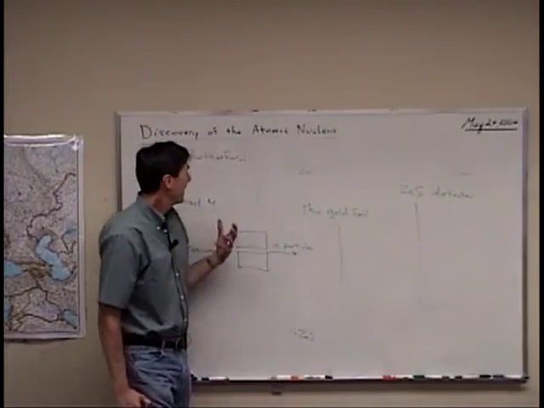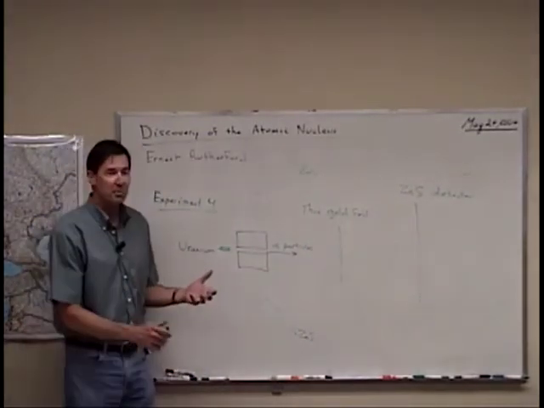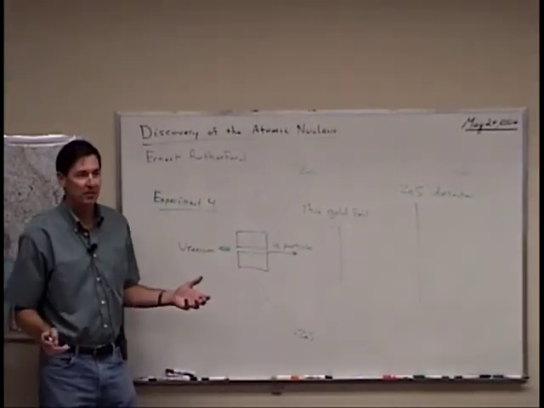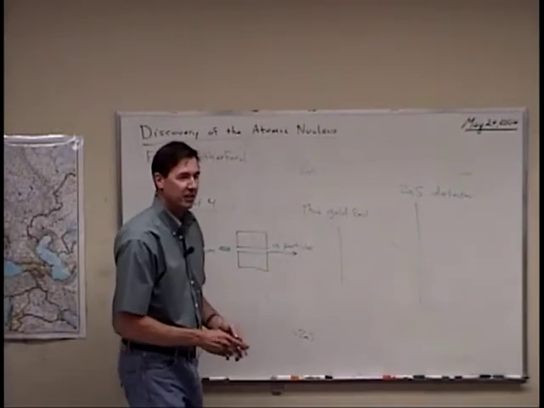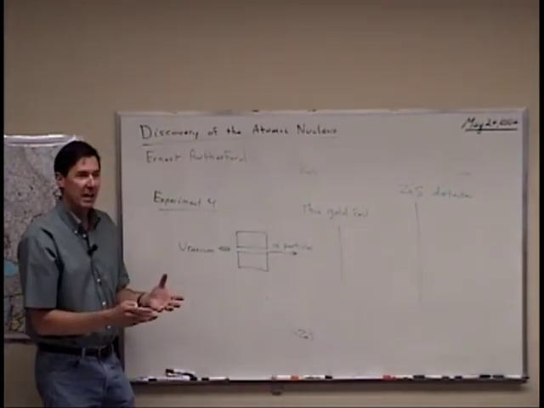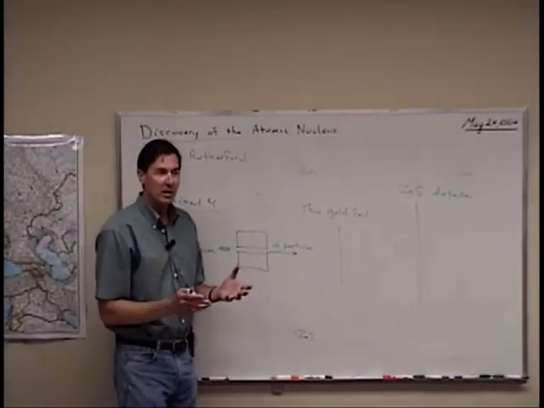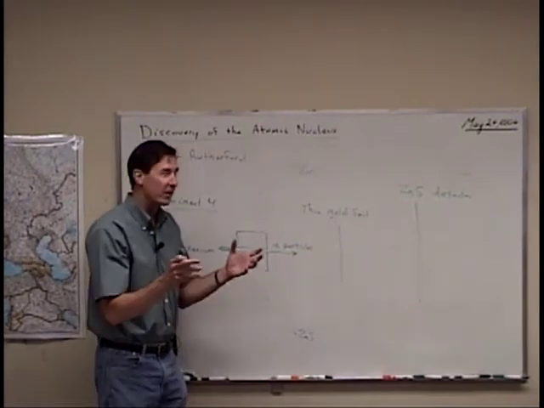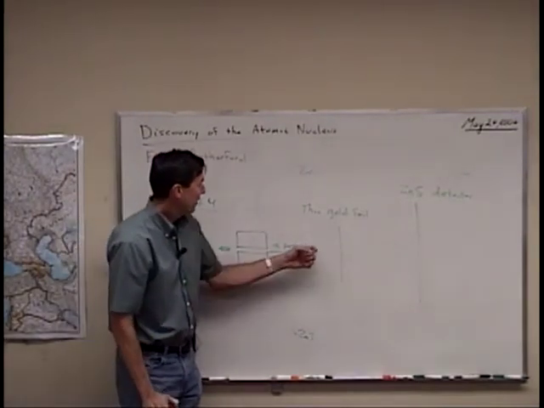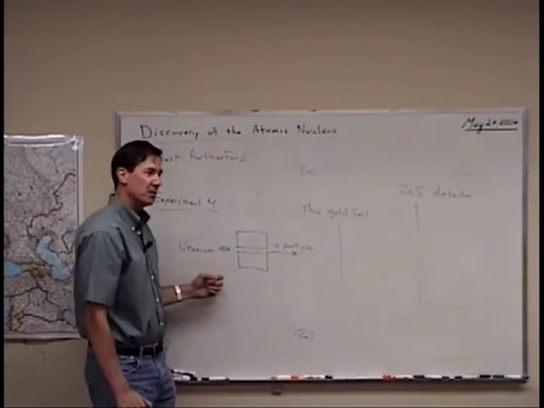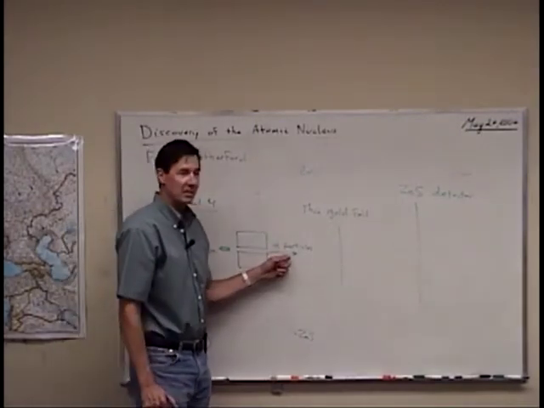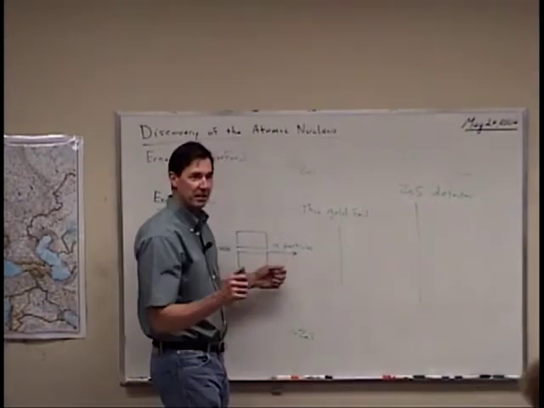And that disproves Thomson's idea, because there's no way, if the mass of the atom were spread out over the whole area of the atom, that there could be enough force to actually knock these alpha particles backwards.